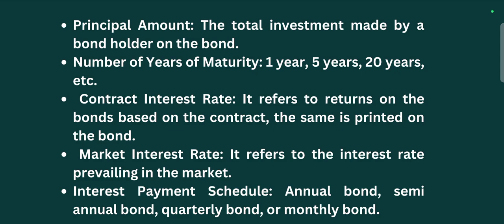The same is printed on the bond. Market interest rate: it refers to the interest rate prevailing in the market. Interest payment schedule: annual bond, semi-annual bond, quarterly bond or monthly bond.